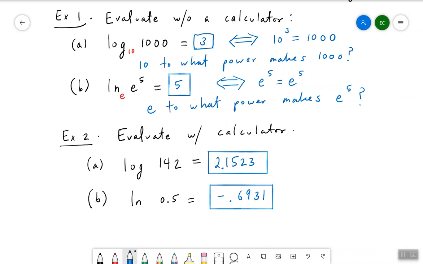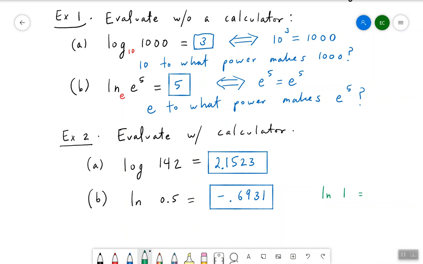And you could ask, does this answer make sense? Well, what's the natural log of 1? Remember, the natural log of 1, actually it would be for any base, right?